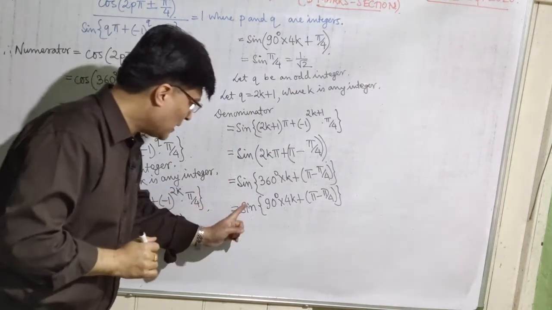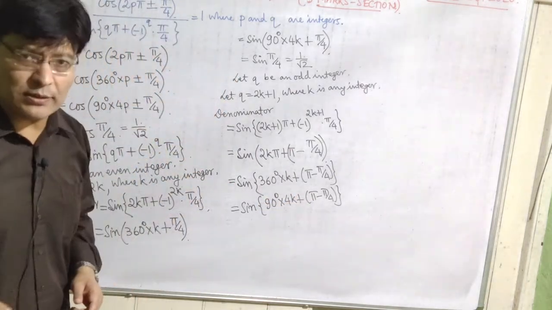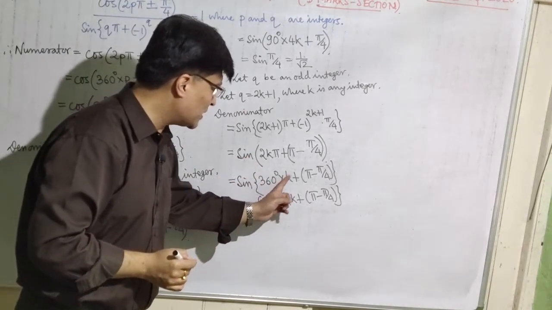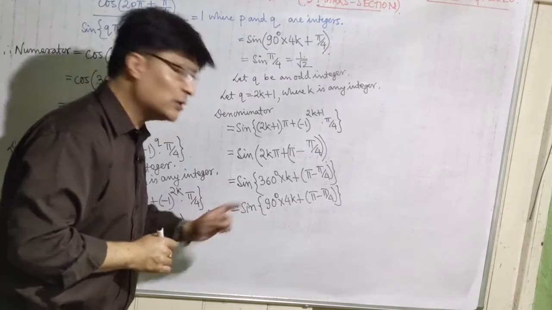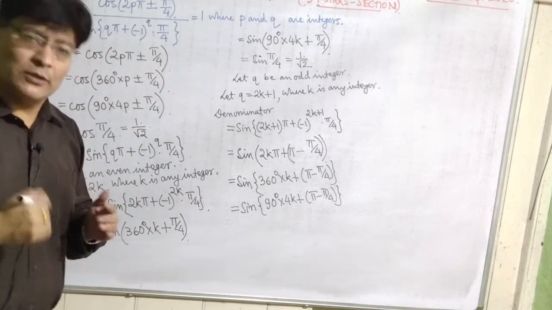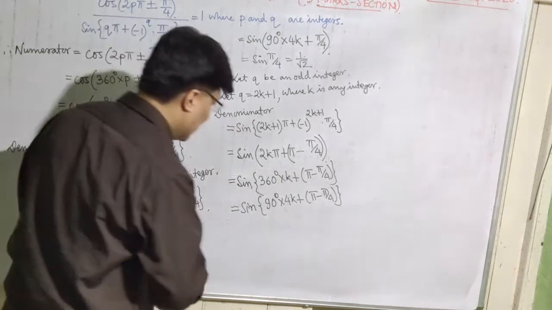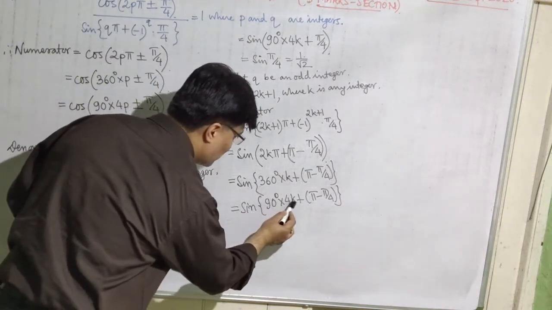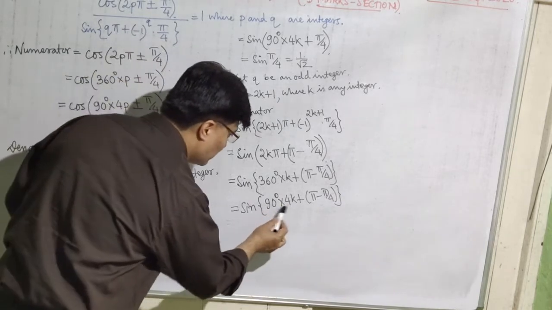Next, I already told you that this angle always lies in the first quadrant. That is, 360 into k plus theta always lies in the first quadrant. And in the first quadrant, sine is always positive. So usually positive sign, we don't write it. Okay. And since it is 90 degree into 4k, 4k means even multiple, so it is even multiple of 90.